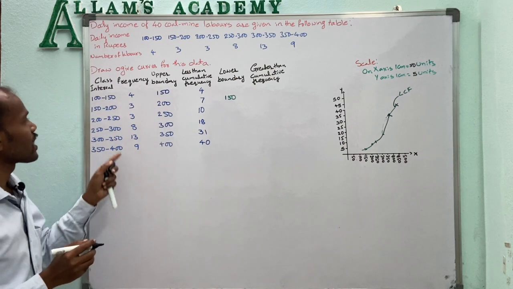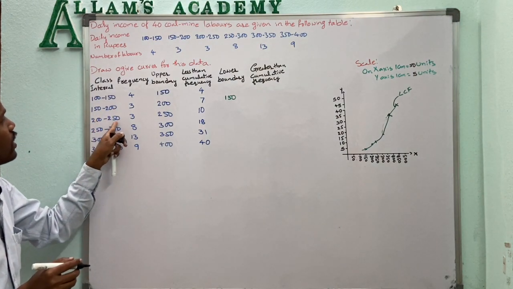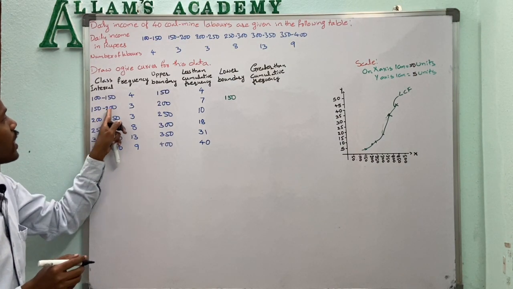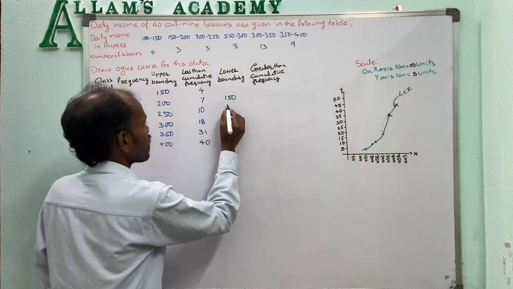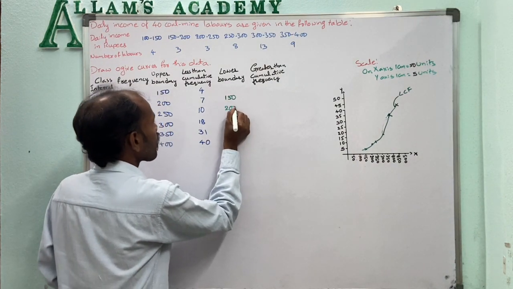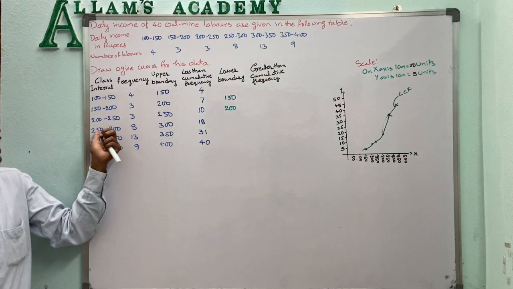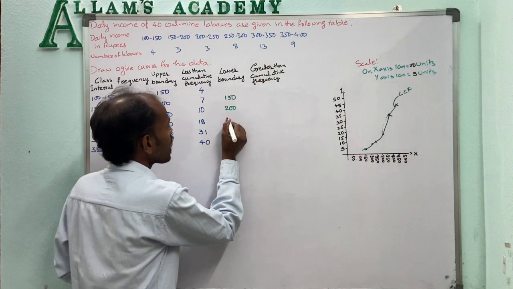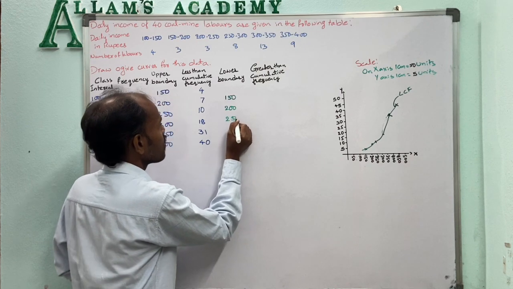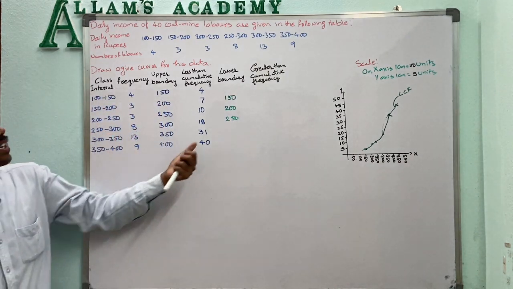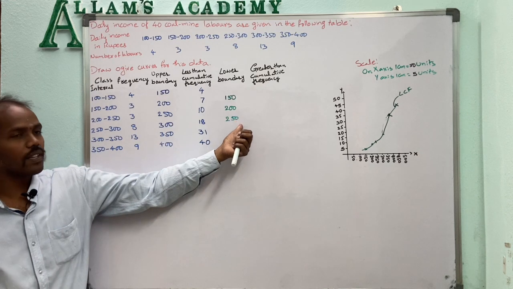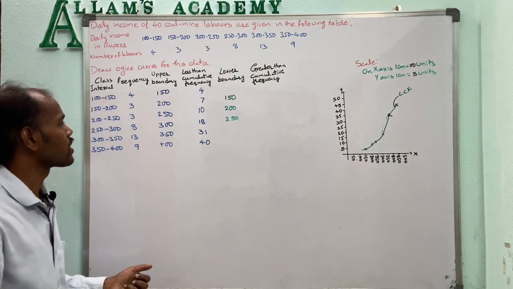For the next class interval the lower boundary is 200, then 250, and we already said the class height difference is 50 only, so the boundaries come with a difference of 50.